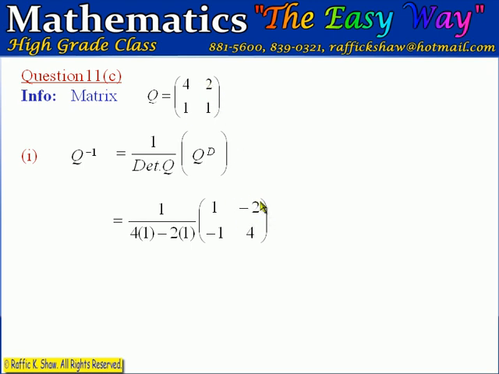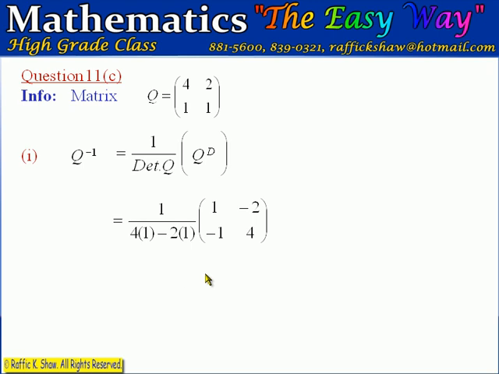So this 2 becomes negative 2 and this 1 becomes negative 1. So that's how the adjoint matrix is constructed. Interchange the main diagonal elements, so 4, 1 across here becomes 1, 4. And then we change the sign of these other two elements. So this 2 becomes negative 2 and this 1 becomes negative 1.